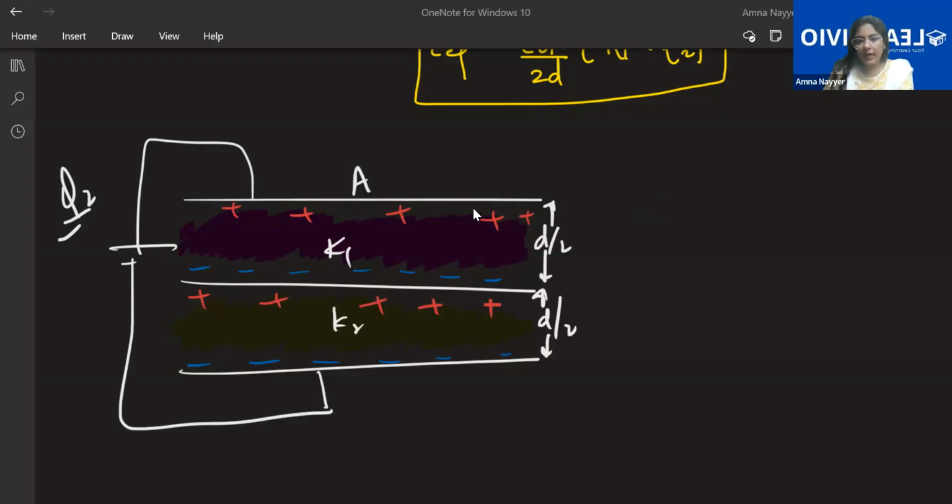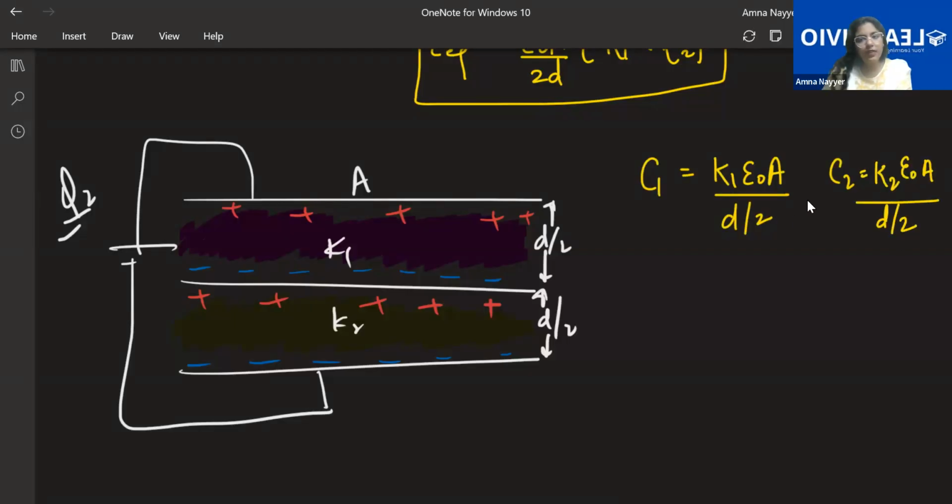So when you are calculating C1, it will be K1 epsilon naught A by d by 2. C2 will be K2 epsilon naught A by d by 2. So C1 is 2K1 epsilon naught A by d, whereas C2 is 2K2 epsilon naught A by d.